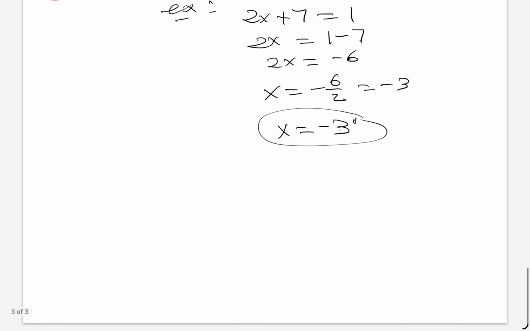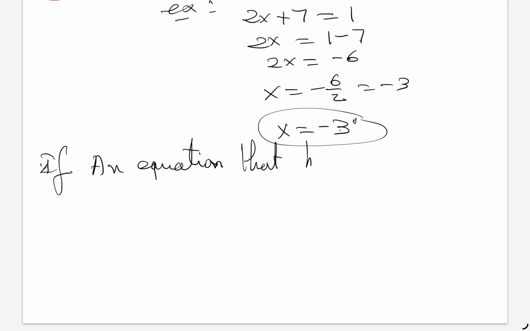For example, if an equation has no solution, it is a contradiction.